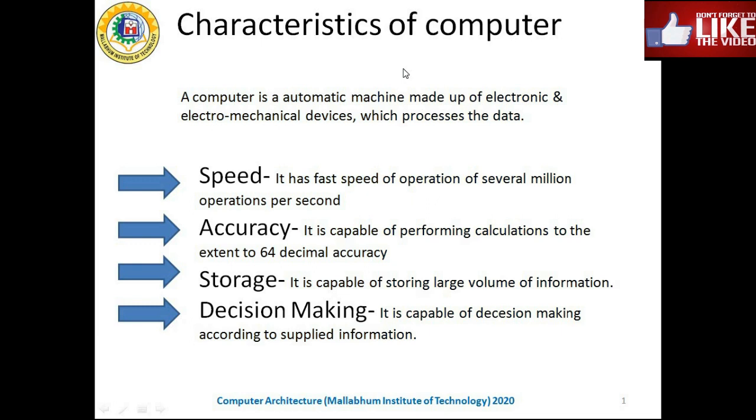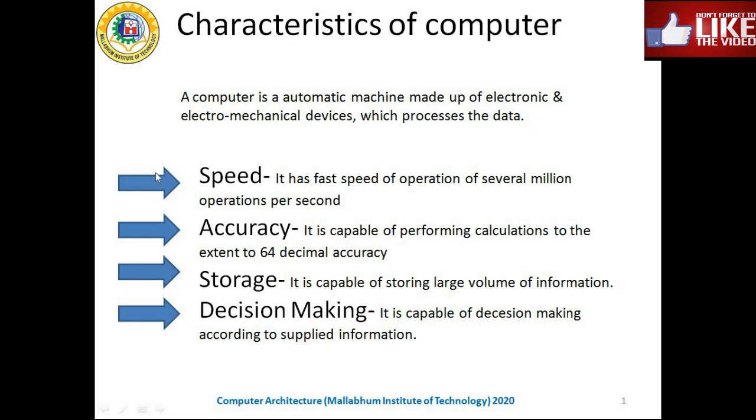So a computer is an automatic machine which is made up of electronic and electromechanical devices, mainly electronic devices, which process data. Process data means it can manipulate the data and give us the desired result that we want, with a high amount of accuracy, obviously.